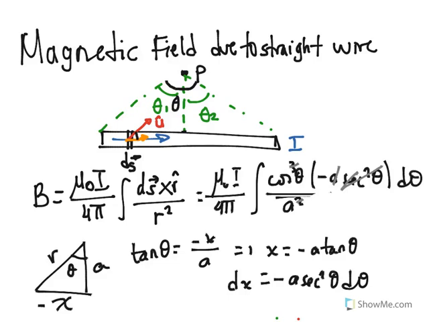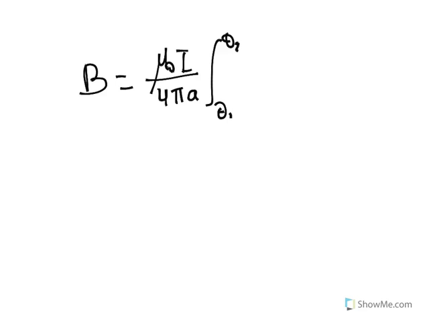a can go out of the integral, and this will be mu 0 I over 4 pi, from theta 1 to theta 2 of minus cosine of theta d theta. And the integral of minus cosine of theta d theta is minus sine.